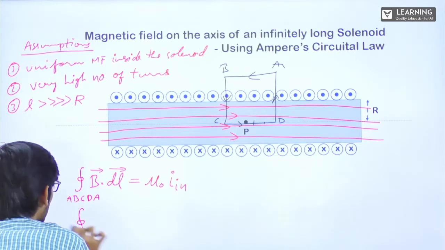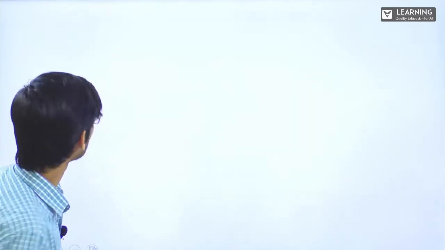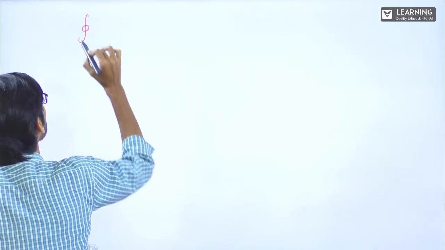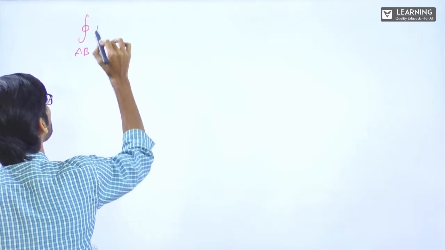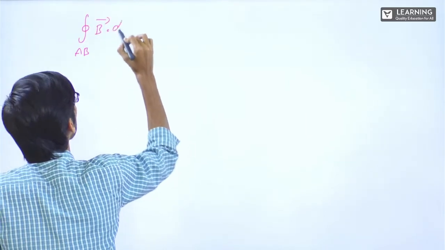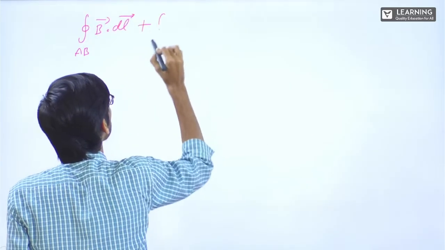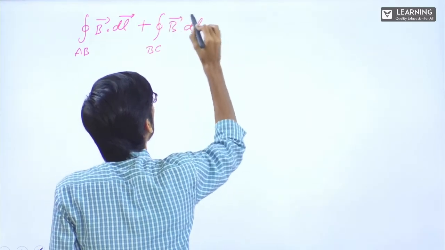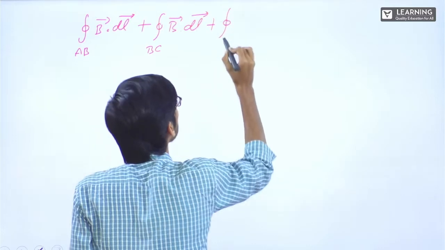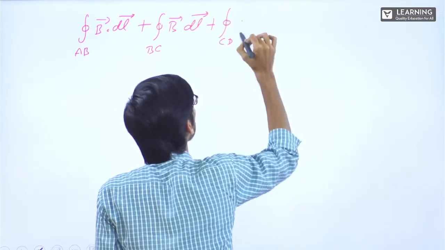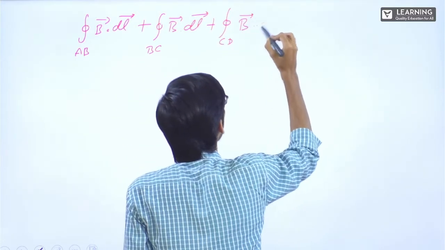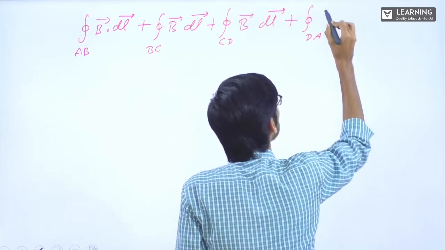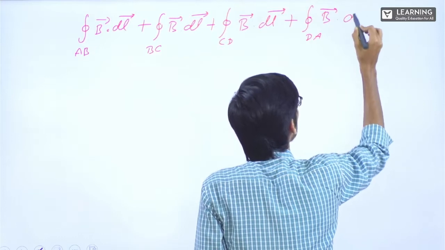Okay, let me show it in the next. Here, if you see, integration AB, this is B dot dl, then plus integration BC, this is again B dot dl, plus integration CD, this is again B dot dl, then plus integration DA, this is again B dot dl.